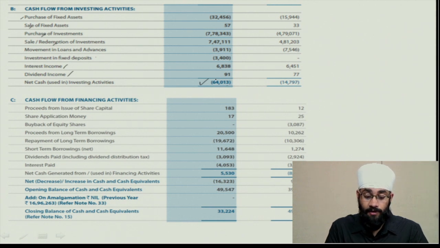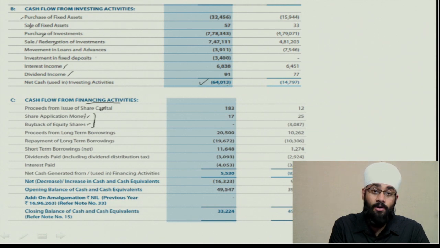Part C of the report includes financing activities. As discussed before, this should include the issue of share capital, preference share capital, any loan raised, basically all sources of funds. So you have share capital, you have share application and buyback. We will talk about it in detail at a later stage. You have proceeds from long-term borrowings.